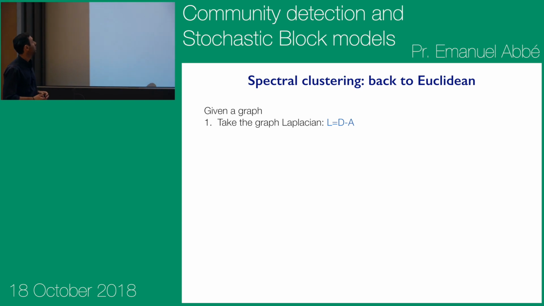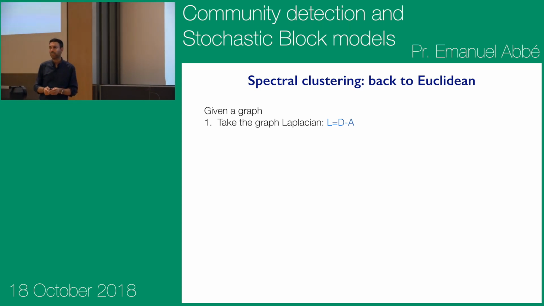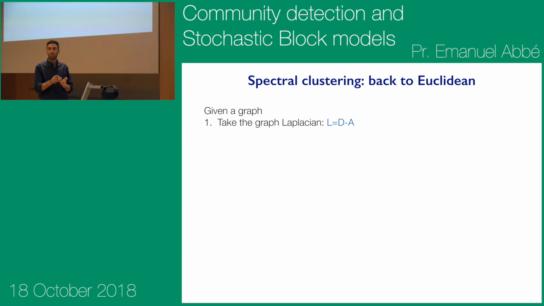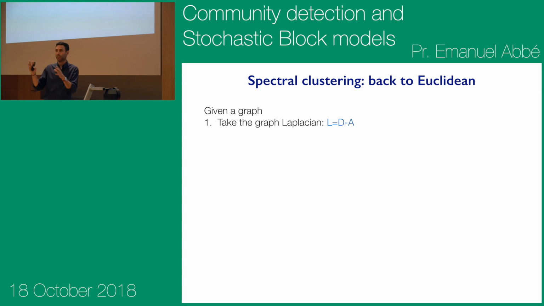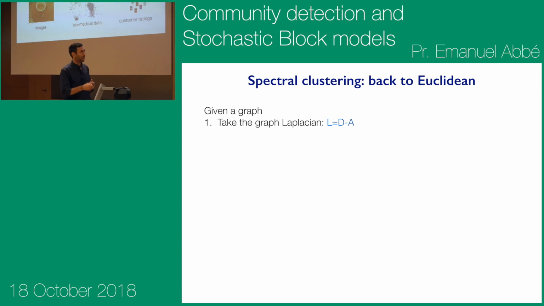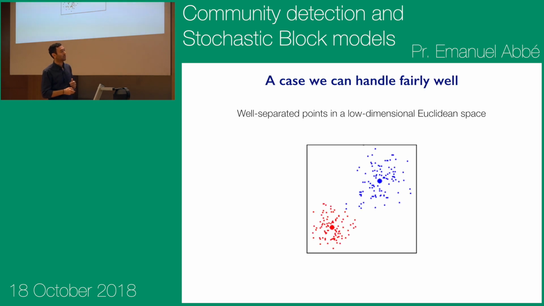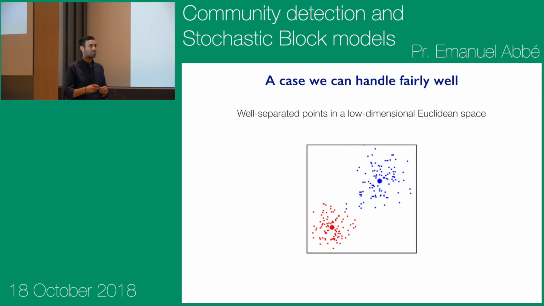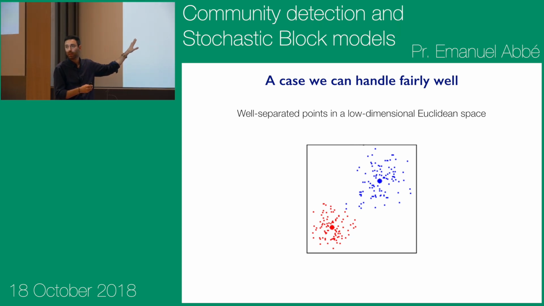Okay, so before we dive into the block model, I want to tell you maybe the mainstream way to approach the problem of how do you go from this abstract graph partitioning to a problem that looked like the slide I had before, that was the easy case, meaning this one. These are very different setups, right? Once you have given a graph, 0, 1 connections, and this is a bunch of points in the plane or in some low dimension.